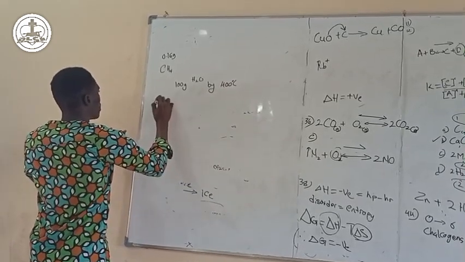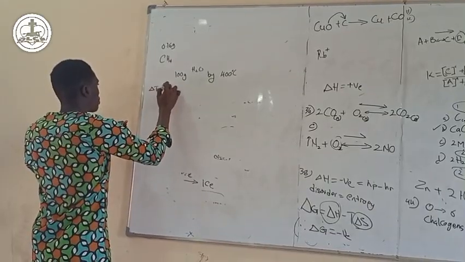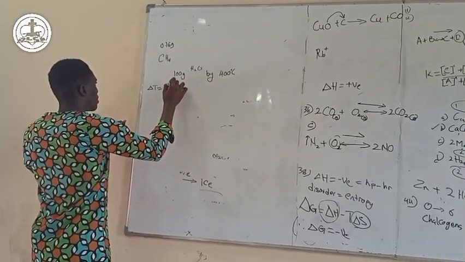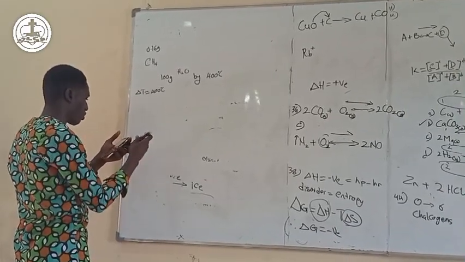So the change in temperature is equal to 400 degrees Celsius. So it asks, what is the heat of combustion of methane?